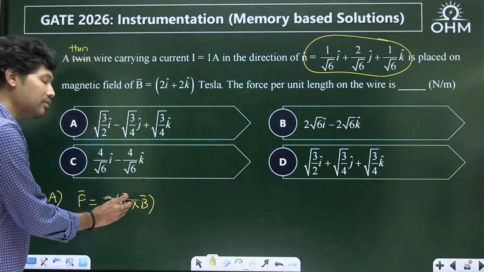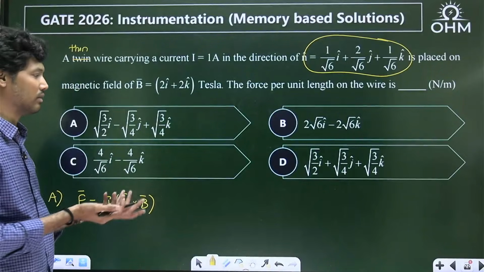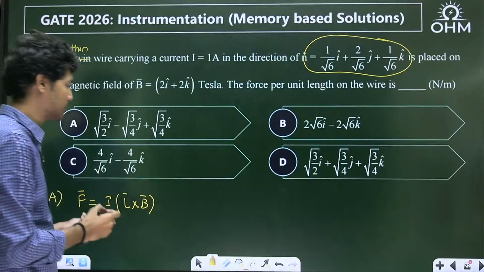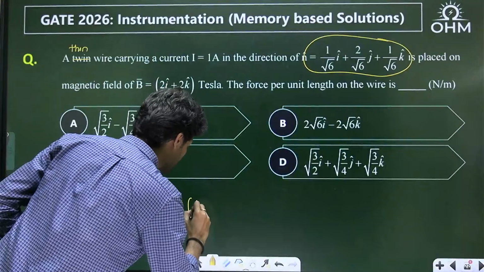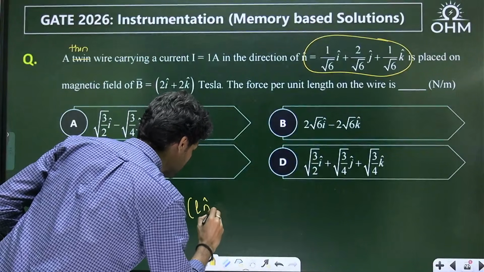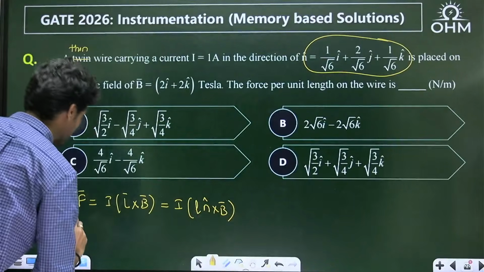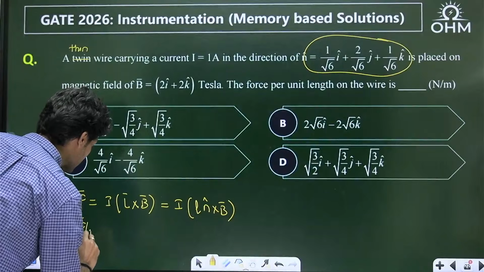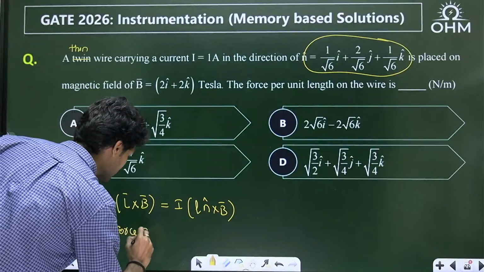And it also has information of length. But I don't have the information of length. In this case, I want to calculate force per unit length. So I can write this as I into length L into n cap cross B bar. And I can take the length outside and then I'll get F bar by L, which becomes equal to what? This is force per unit length.